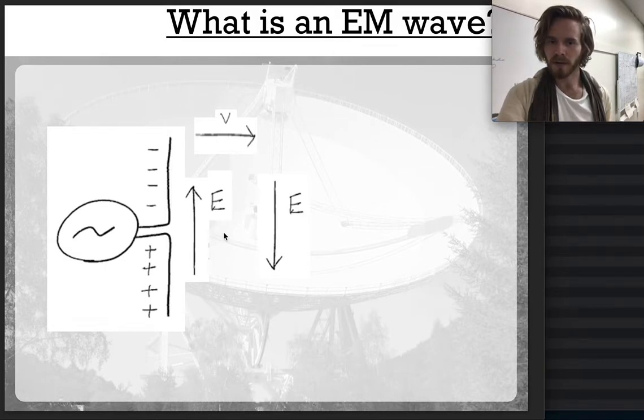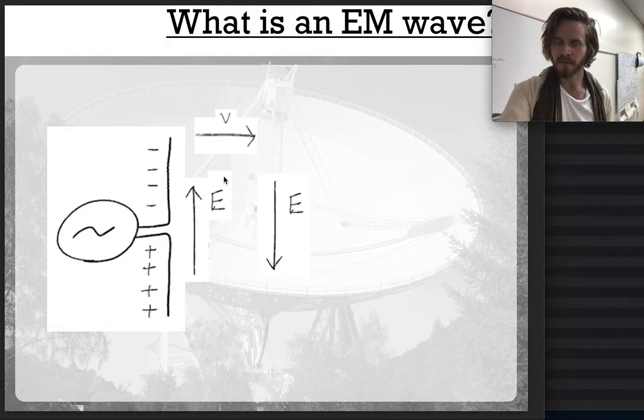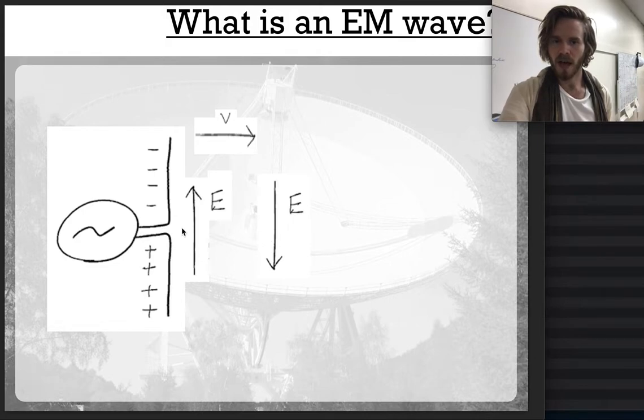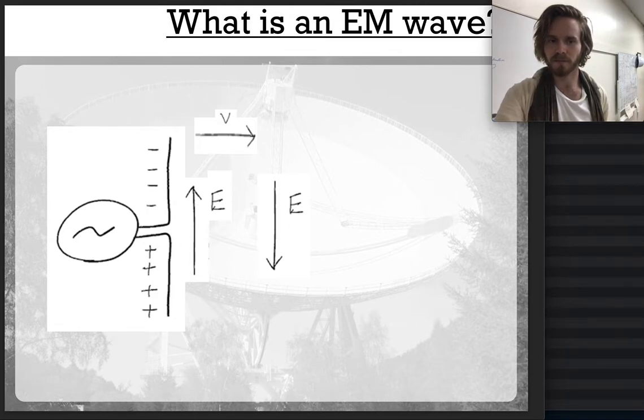So by this point, some time has passed. Our initial electric field that was pointing downwards has now moved outwards away from its origin, and close to the origin we have a new electric field which is pointing in the opposite direction.